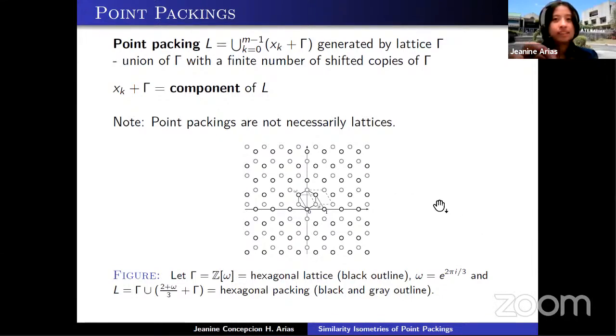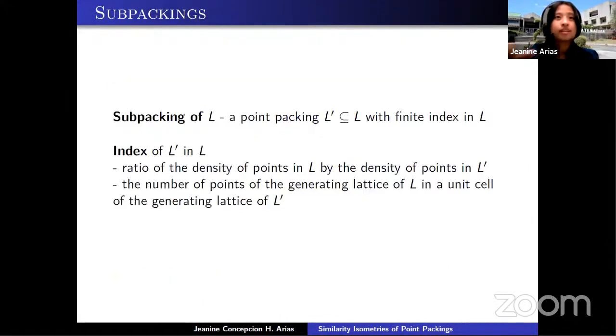So now our goal is to extend the notion of a similarity isometry to point packings. And for that, we must define the following. A subpacking of L is a subset of L with finite index in L. And by index of L prime in L, we mean the ratio of the density of points in L by the density of points in L prime, or in other words, the number of points of the generating lattice of L in a unit cell of the generating lattice of L prime.